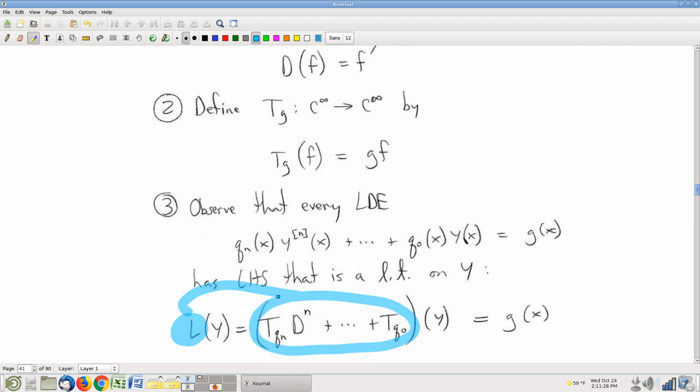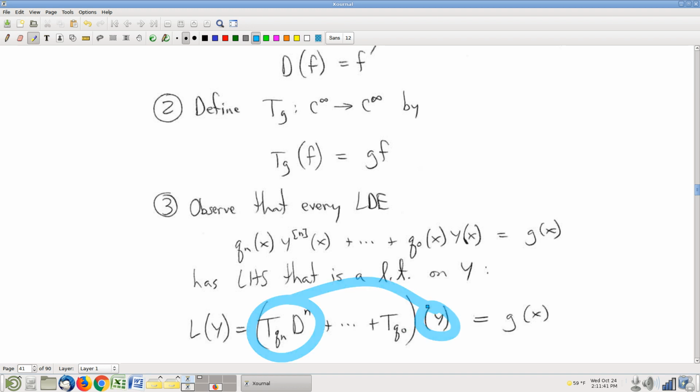Right? So, not hard to confirm. Let's just think about this a few terms at a time. What is this? A little bit of algebra here. What does that do to a function y? Well, what does that do to y? This says we're going to take y, we're going to compute n derivatives of it, and after having taken n derivatives, we're going to multiply by this function called q_n.